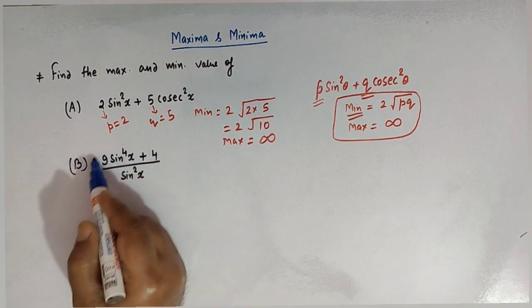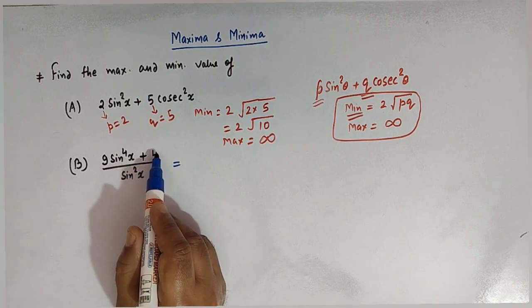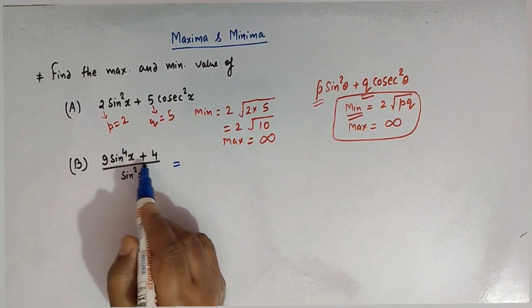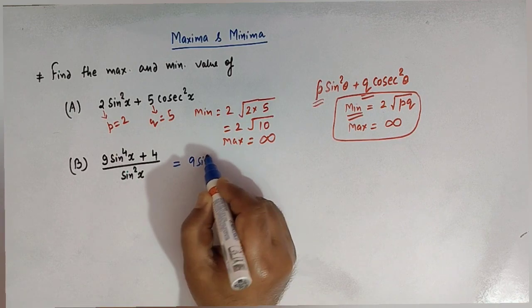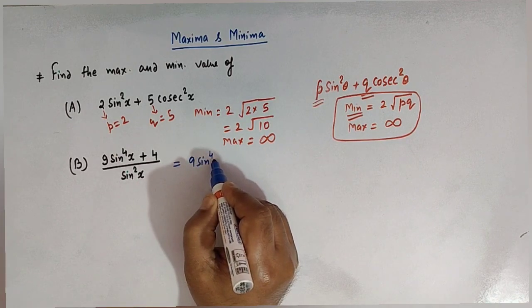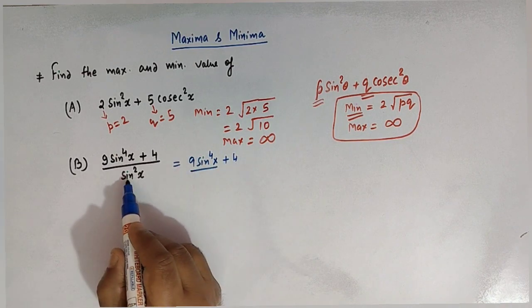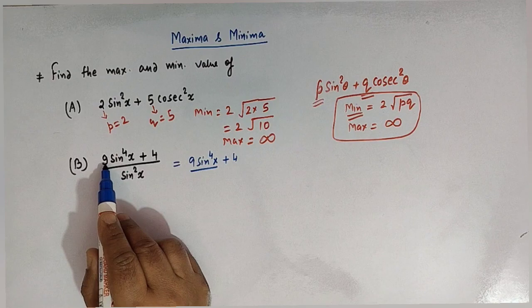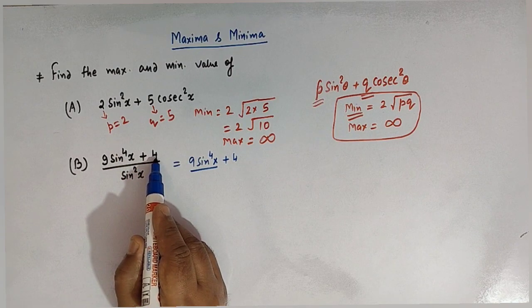Now let us consider this expression, right? So here let us first simplify this expression. We can write this expression as 9 times sine raised to 4 x plus 4, and we can distribute sine square x over 9 times sine 4x plus 4.